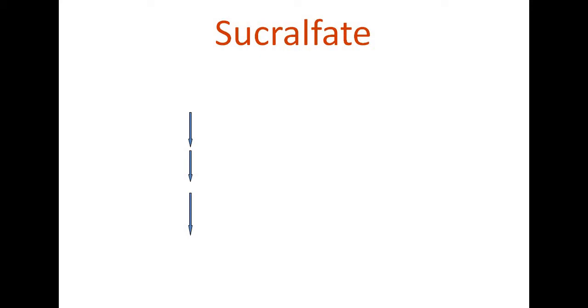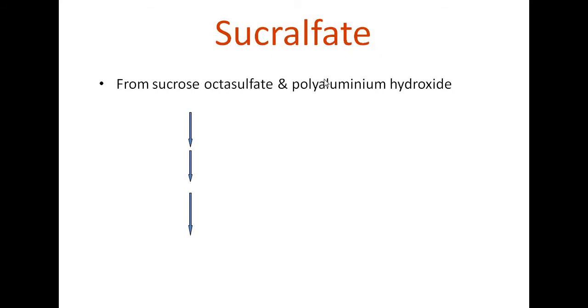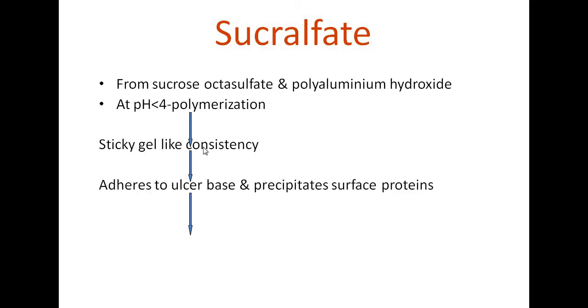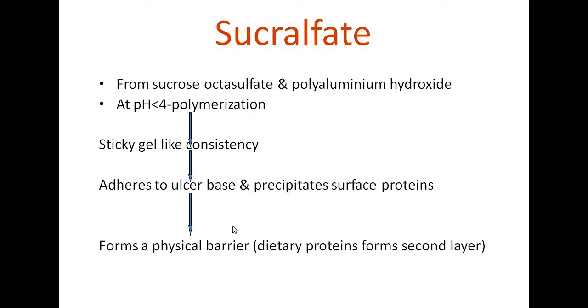Sucralfate is a complex of aluminium and sucrose, that is sucrose octasulfate and polyaluminum hydroxide. What happens is, in the acidic pH of the stomach, it polymerizes and gets a sticky gel-like consistency which sticks to the ulcer base and precipitates the surface proteins, thus protecting the ulcer base from further attack by acid.